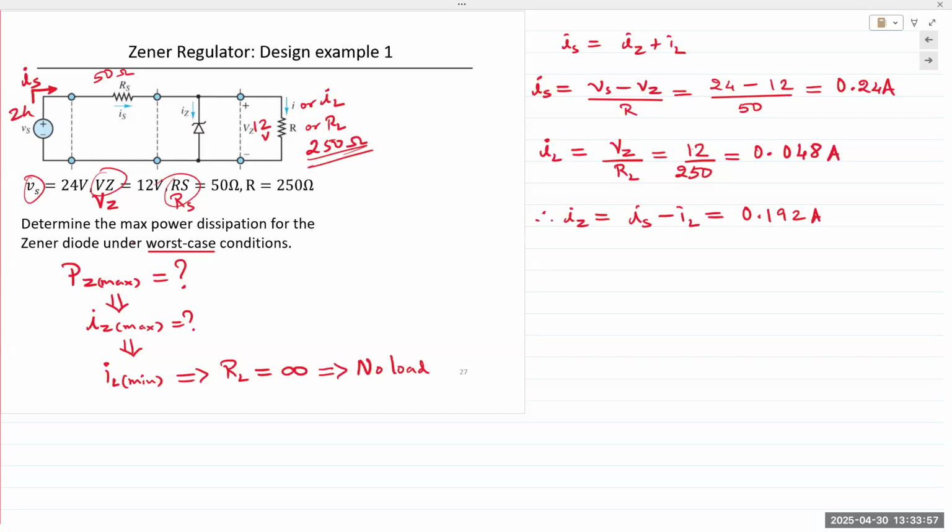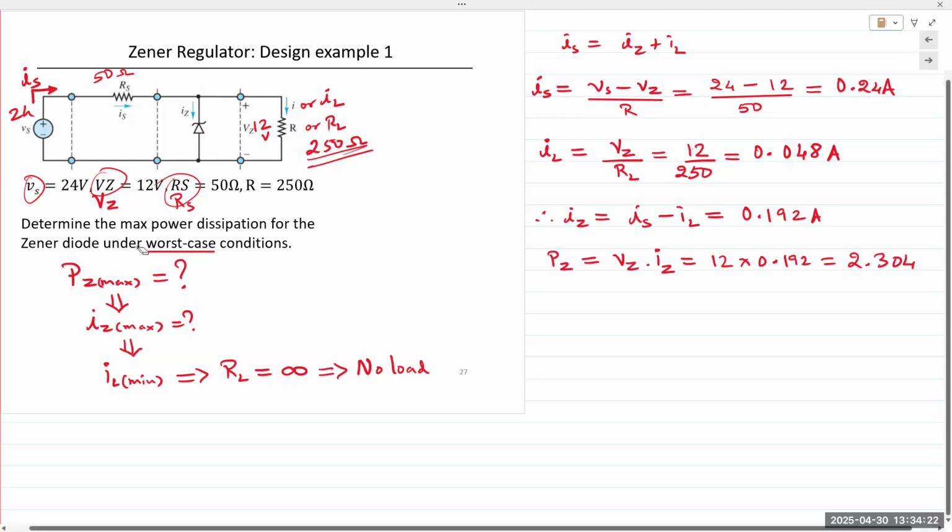And from this value, we can also find the power dissipation. PZ is VZ times IZ, 12 times 0.192. This comes out to be 2.304 watts.